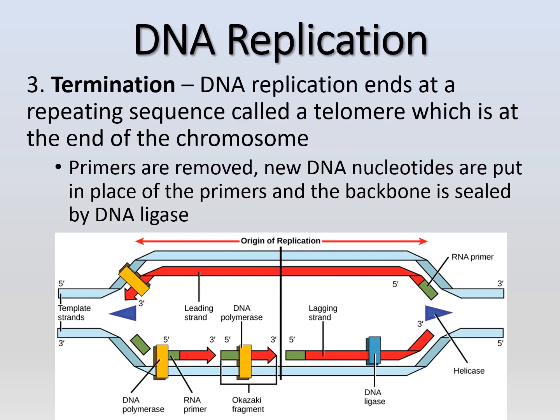But we have to go and fix a couple of things. We have to remove those RNA primers and add new DNA nucleotides in the place of the primers. And then we have to seal the backbone and our fragments with another enzyme called DNA ligase. If you think of DNA ligase, it's kind of like the glue that puts everything together.